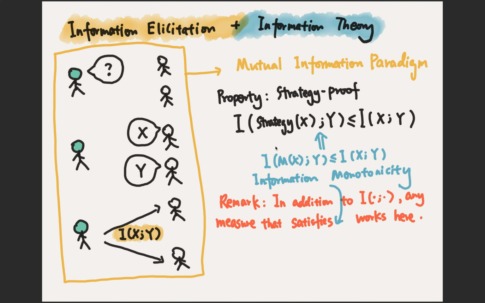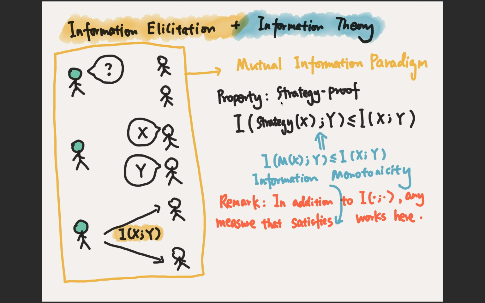A possible strategy can be, for example, in the fast food restaurant case, she just ignores her true opinions and always says she likes the restaurants. And this strategy will reduce her payment.